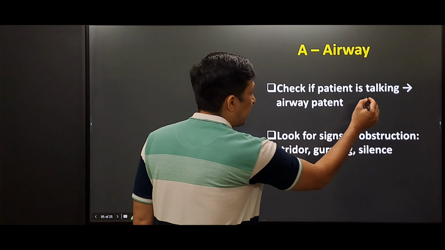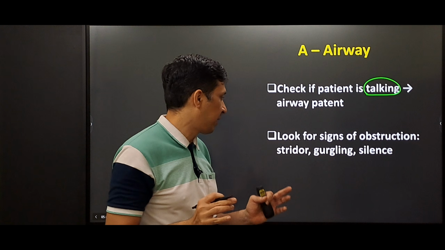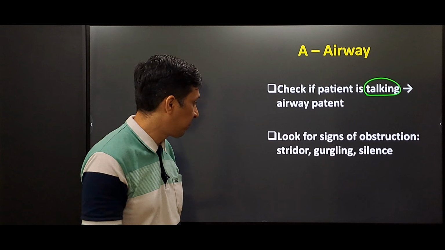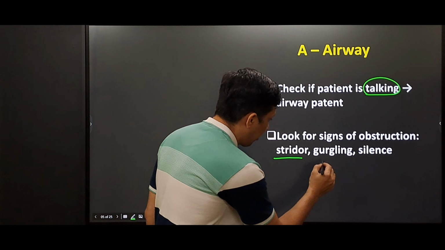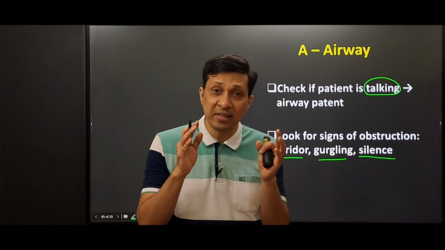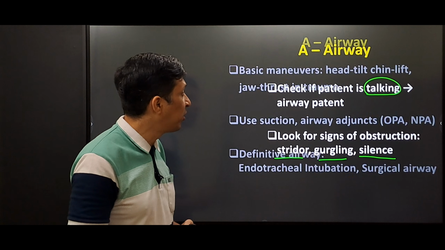If the patient is talking, then the airway is patent. Now look for the signs of obstruction. If there is stridor or gurgling, or if there is complete silence, then you can suspect that the airway may be obstructed.